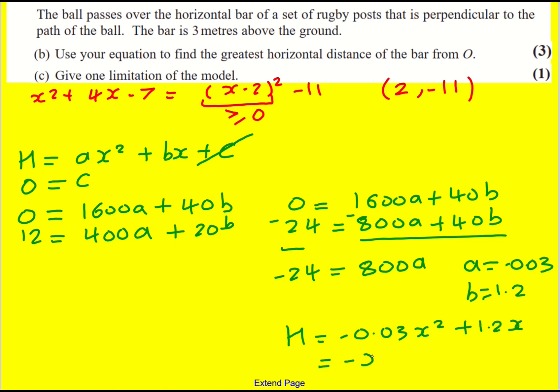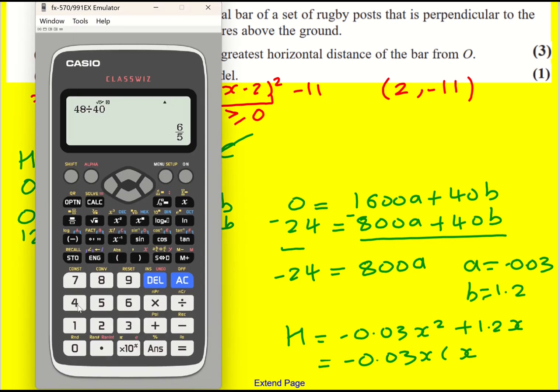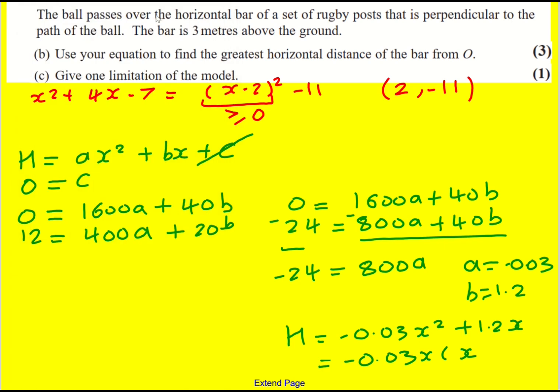And you could then, if you wanted to, factorize out the 0.03x and do 1.2 divided by minus 0.03, which gets us back to minus 40.